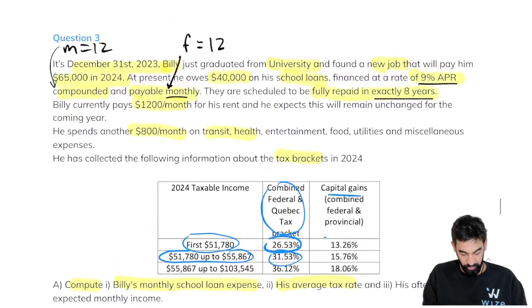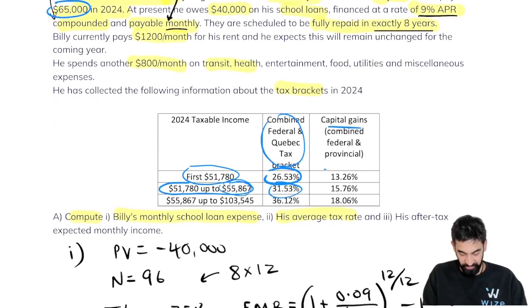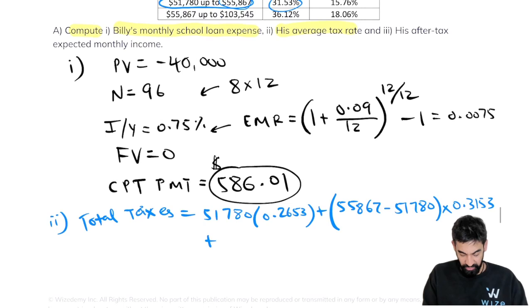Well, if his total income is 65,000 and he's already paid up to 55,867 at the upper end of the second bracket, you take the difference, 65,000 minus 55,867, times the third bracket, which is 36.12.